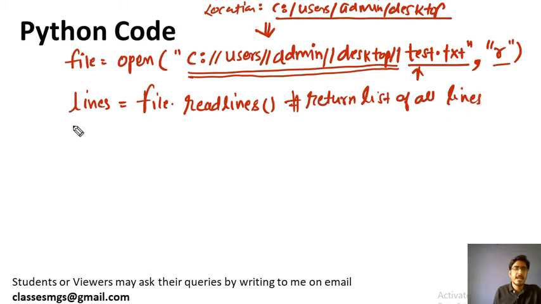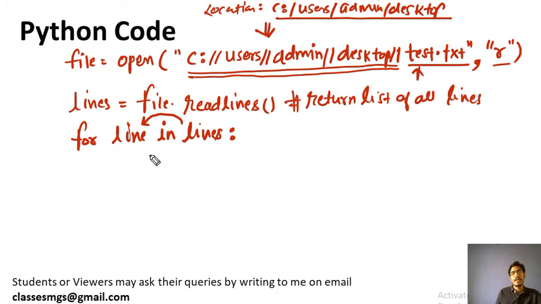Then we will iterate each line: for line in lines, and each line will come in this variable line, and you may now use it to split the words. Now see here, each line will come here.